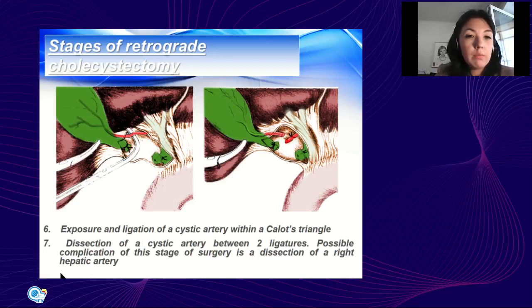Then within a few days we will also have to perform a right hemihepatectomy. Okay.